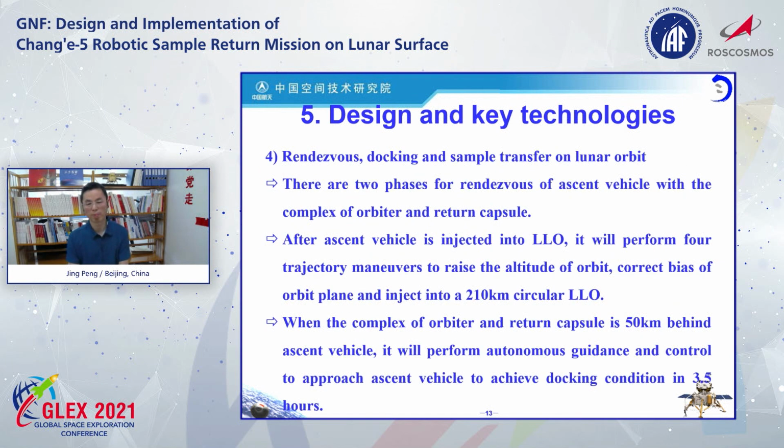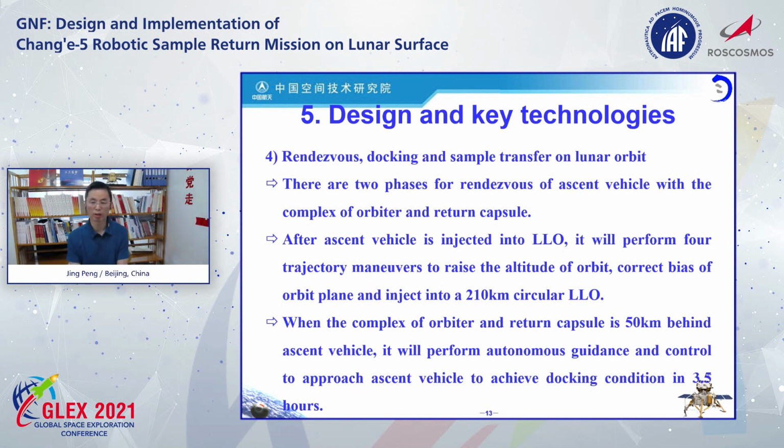Next slide, please. The fourth one is about rendezvous, docking and sample transfer. There are two phases for rendezvous of the ascent vehicle with the complex of orbiter and return capsule. The first one is performed by the ascent vehicle. After the ascent vehicle is injected into lunar low orbit, it will perform 4 trajectory maneuvers by ground command to raise the altitude of the orbit, correct bias of the orbit plane, and inject it into a 210 kilometers circular lunar low orbit.